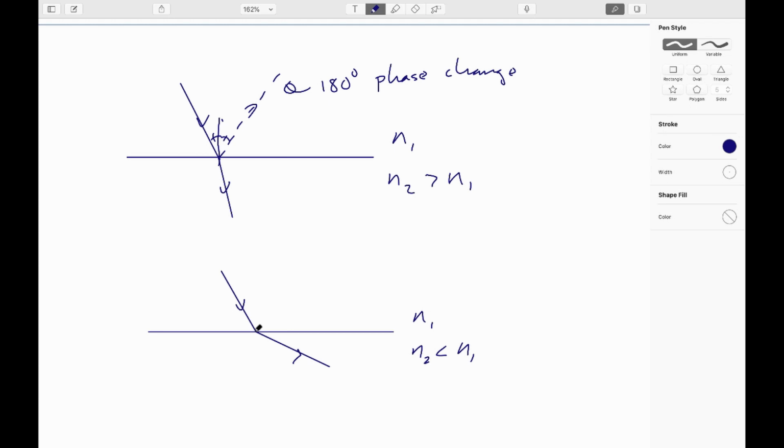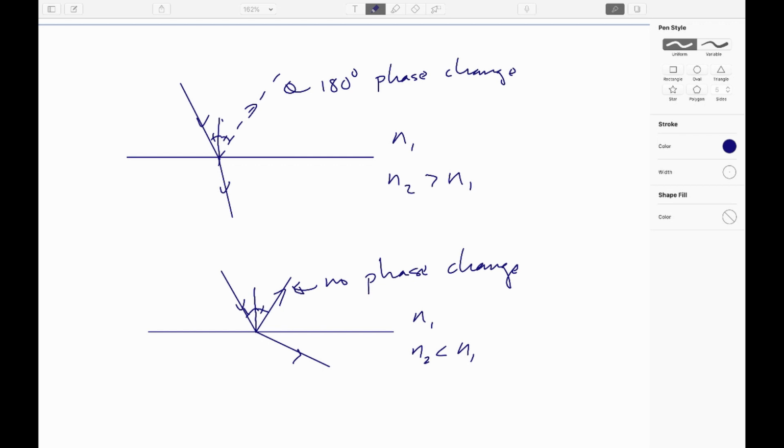And then for the light that gets reflected out, I just usually draw a solid line so that I can keep straight that there was no phase change.